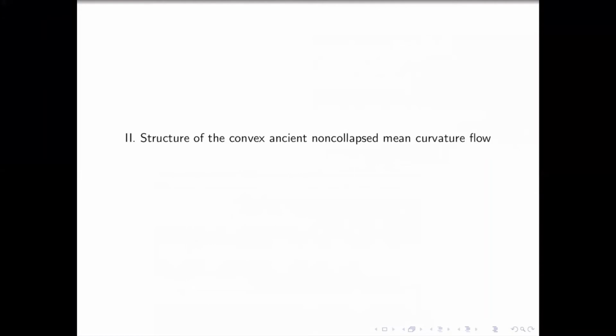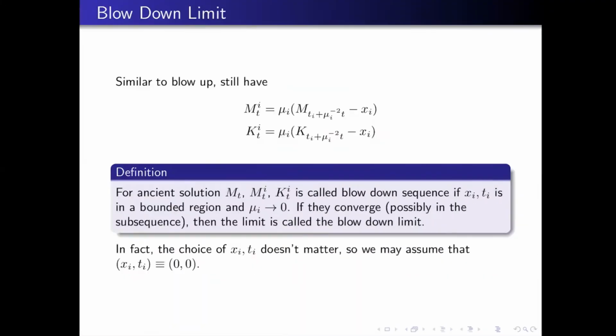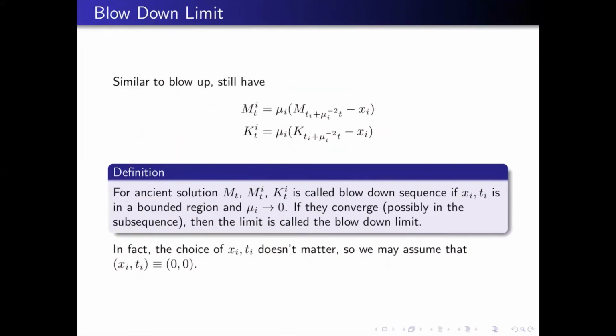So having seen the importance of the ancient solution, let's study the structure of the convex non-collapsed ancient solution of the mean curvature flow. Let's discuss one more concept before we can study some classification. The blow-down limit is parallel to the blow-up limit.